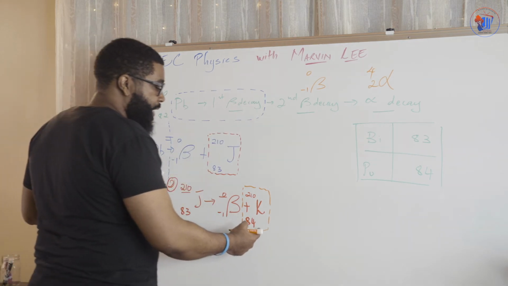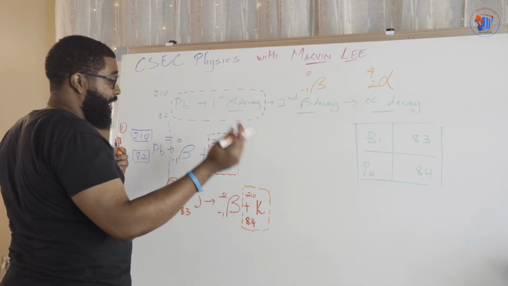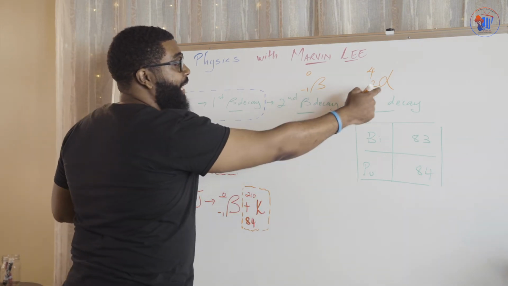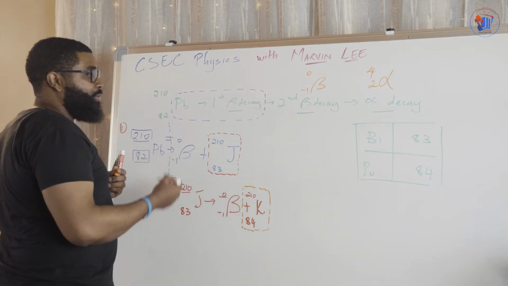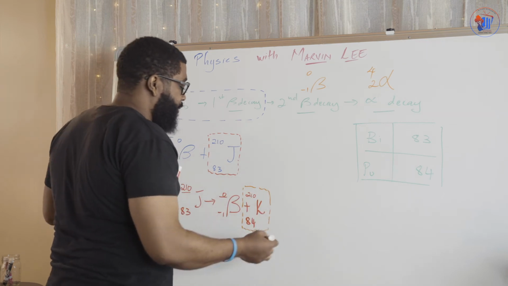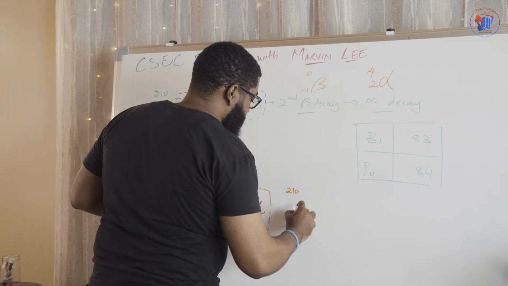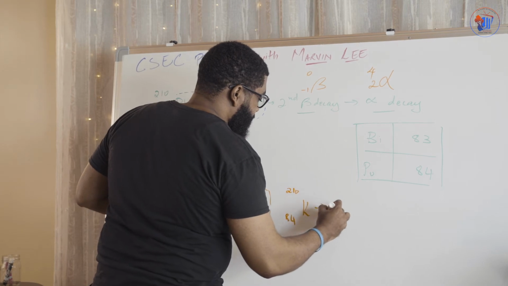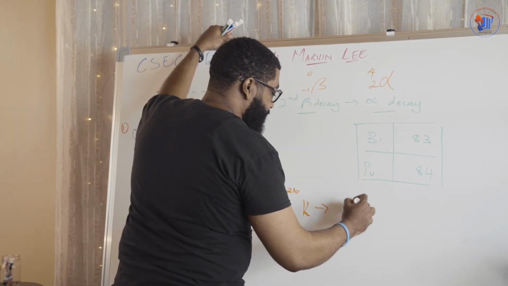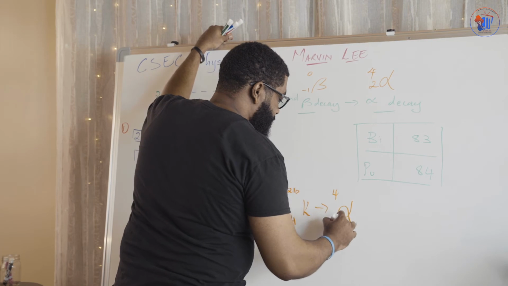What we now do is assume that this that I named K breaks down via alpha decay to give us a new, or our final product. So 210, 84 breaks down via alpha, which is written as 4, 2.